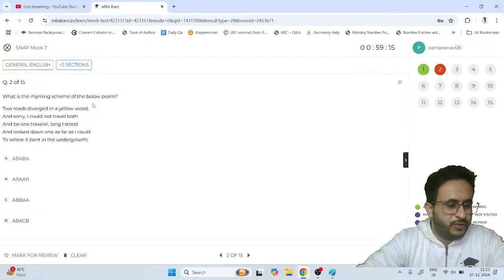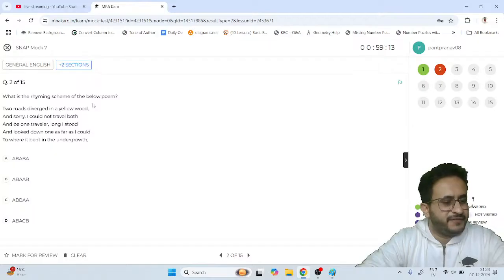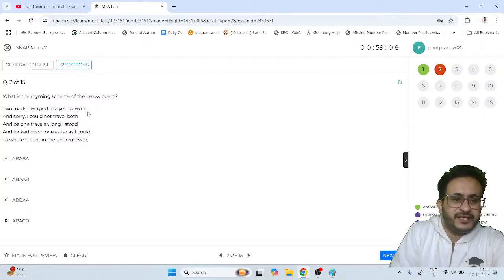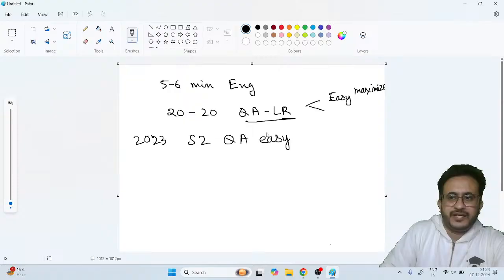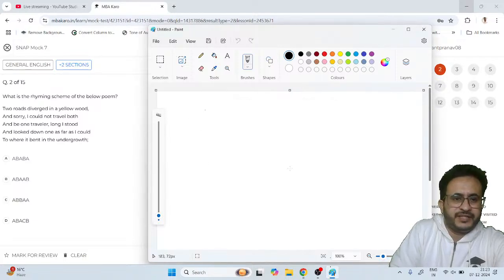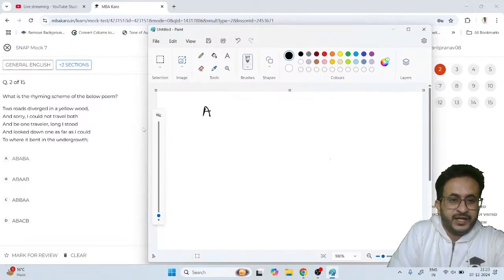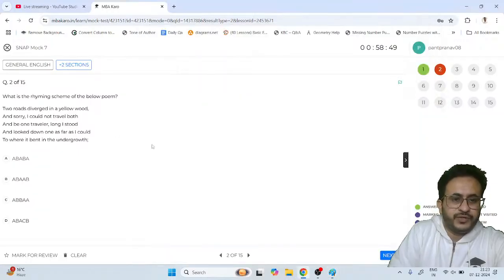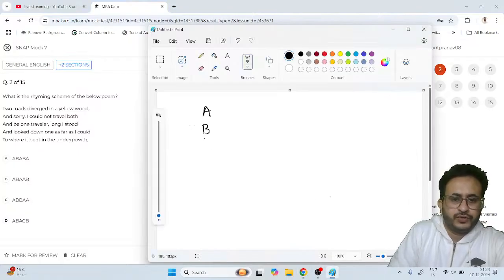Rhyming scheme of the below poem. Okay, so this is off topic, but yes, we have included some off topic questions also in some of the mocks. What a rhyming scheme is, like, it is wood. Wood is going with stood. So first line we have wood. Okay, so if you get a new word, just taking this example, we will assign A. Now could, both is different, right? So both we will assign B. Now stood is going with wood. Because it is wood and the similar sounding word is stood, we will take A here.